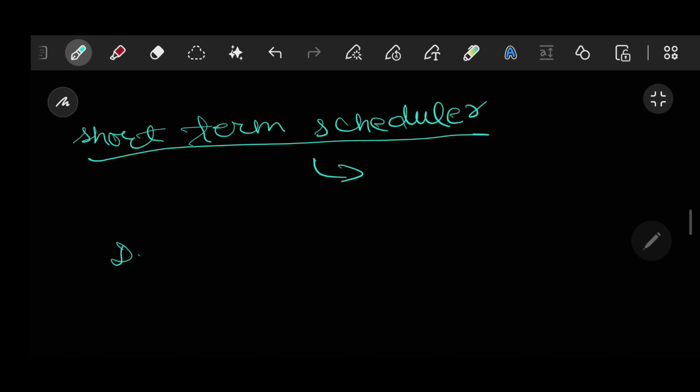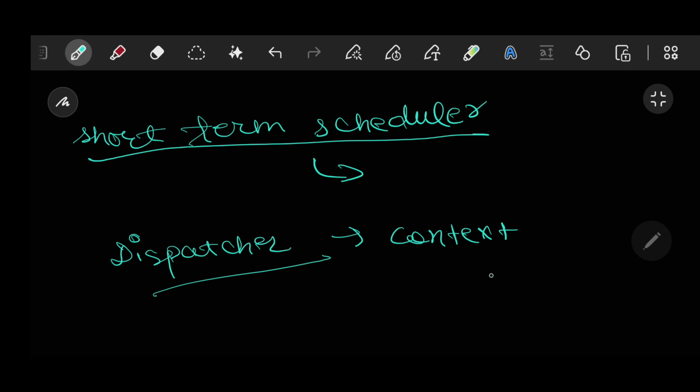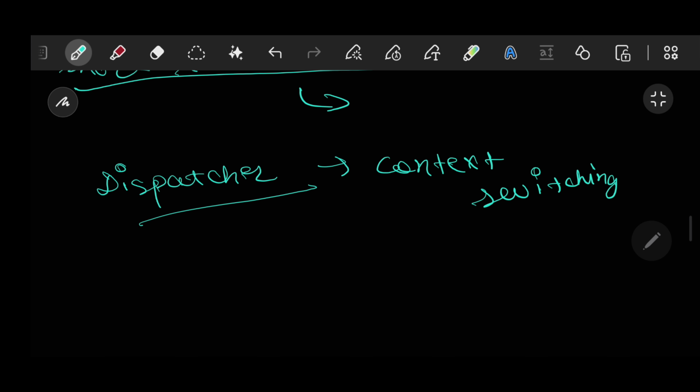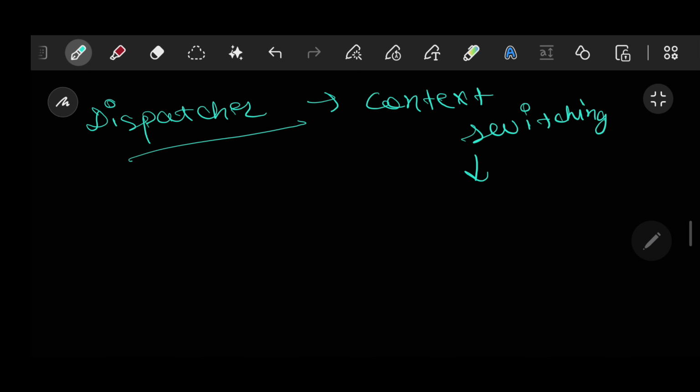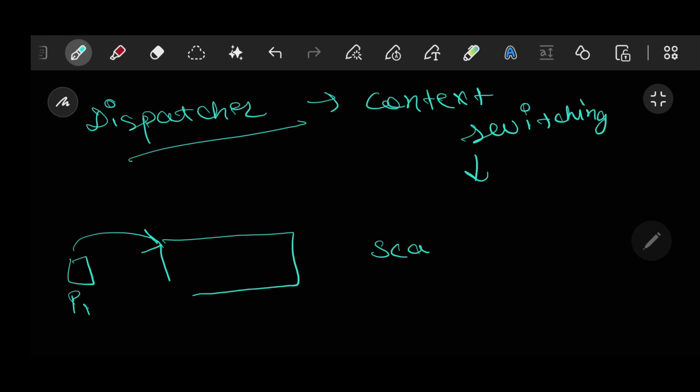And another is the dispatcher. The dispatcher's job is to perform context switching. Now, what is context switching? Let's say this is our CPU and P1 was running in it, and suddenly P1 has to wait for the input.